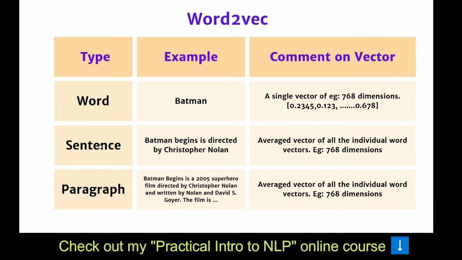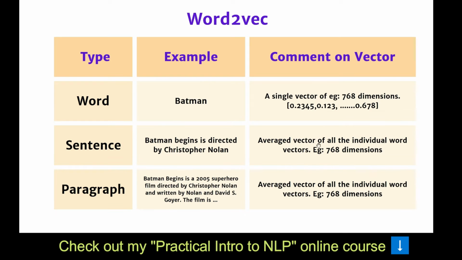With a sentence, again we take the sentence and divide it into words. For example, here we have 1, 2, 3, 4, 5 words if we take out is and by as stop words. And we are going to get 5 vectors of 768 dimensions. How do you get the sentence vector?